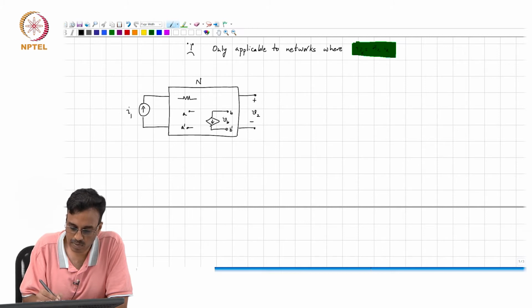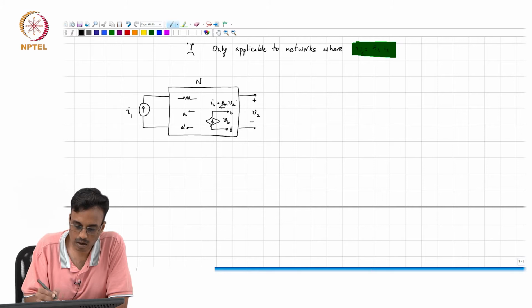This is VB prime and this is IB prime, this is VA and VB. This is IB, which happens to be GM times VA. This is Rk or Zk, whatever.